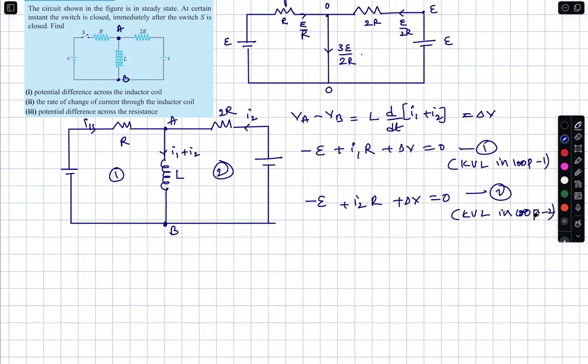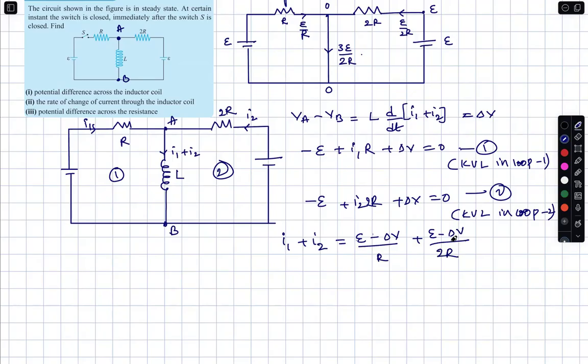Now, what are we going to have? Here, one thing is wrong in this. This is a 2R. By the way, I1 plus I2, wherever I see, I'll write this as E minus delta V by R plus E minus delta V by 2R.